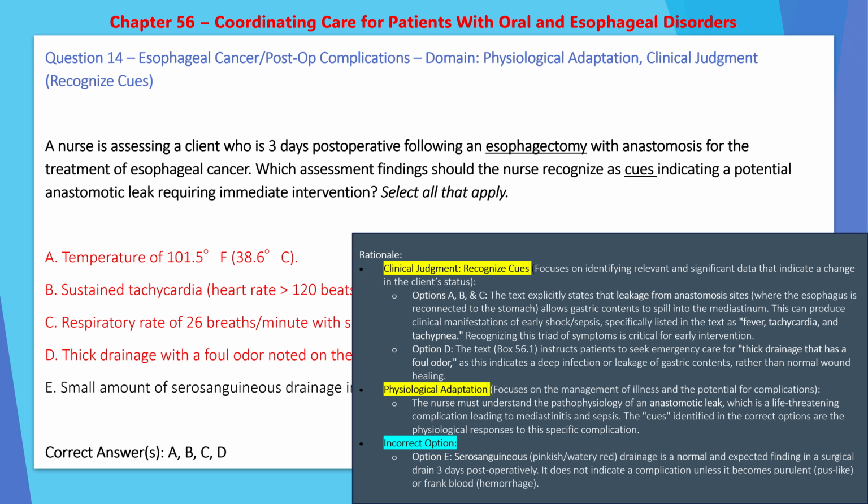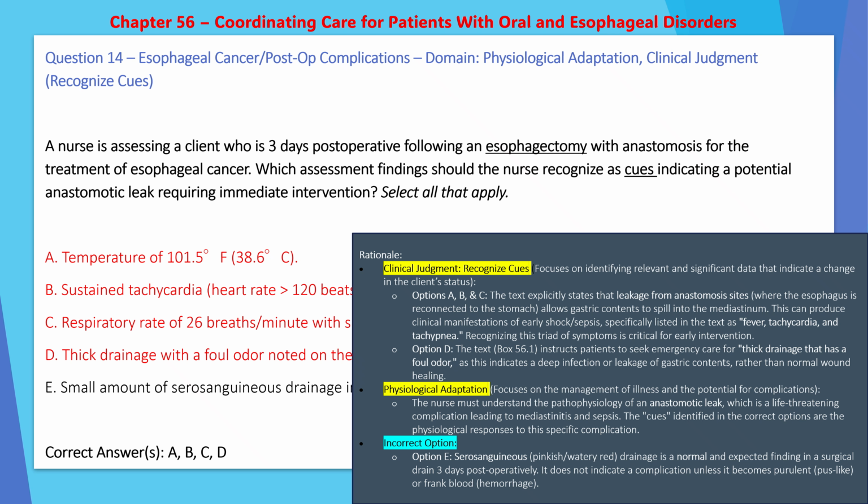Option D: Box 56.1 instructs patients to seek emergency care for thick drainage that has a foul odor, as this indicates a deep infection or leakage of gastric contents rather than normal wound healing.